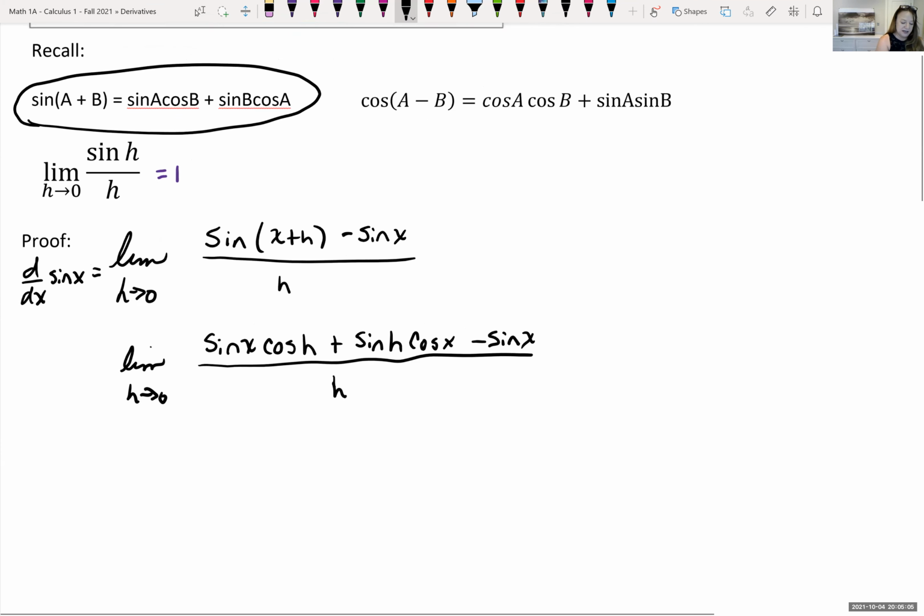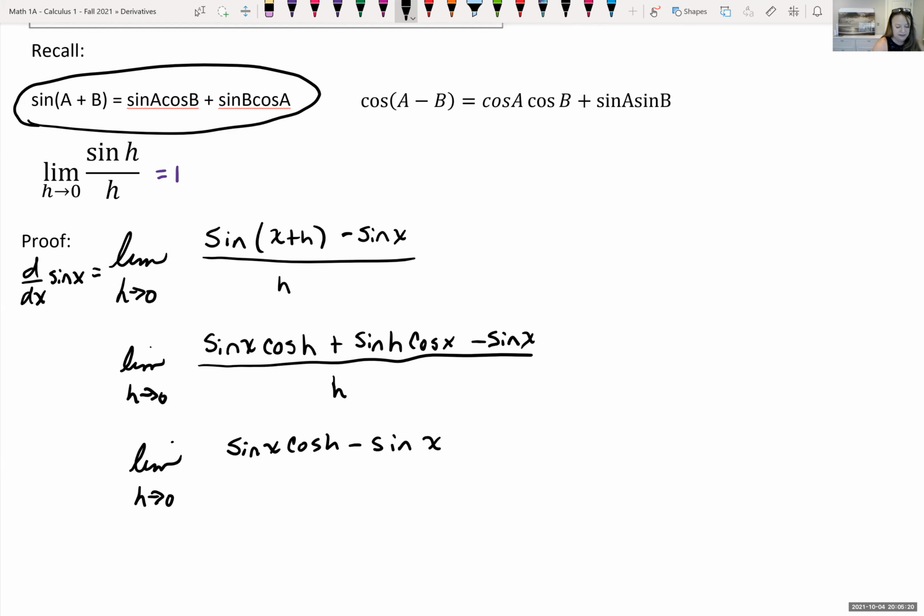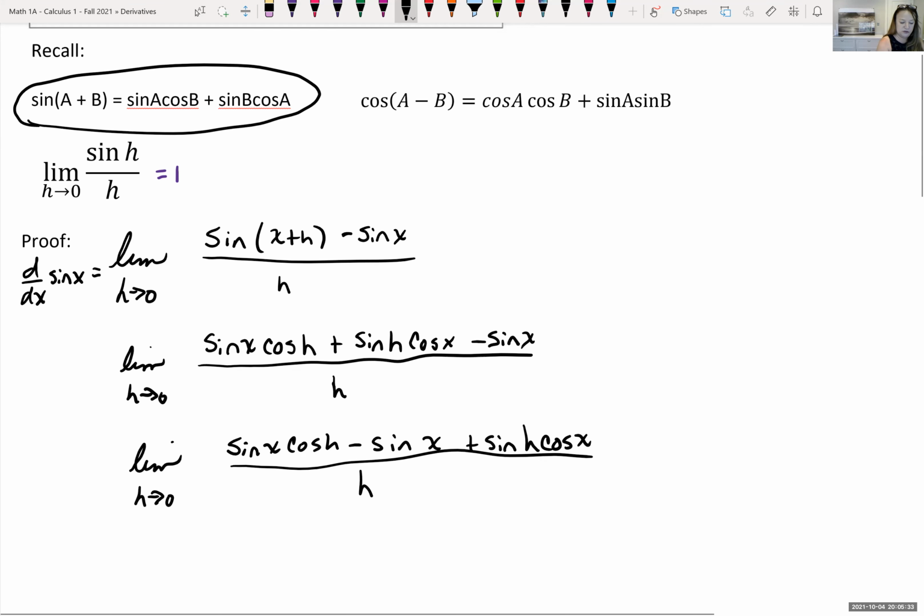And so to do that, I'm going to rewrite this as a limit as h goes to 0 of sine x cosine h minus sine x, and then plus sine h cosine of x, all over h. So all I did was I just reordered the terms, swapping the last and middle term in the numerator.